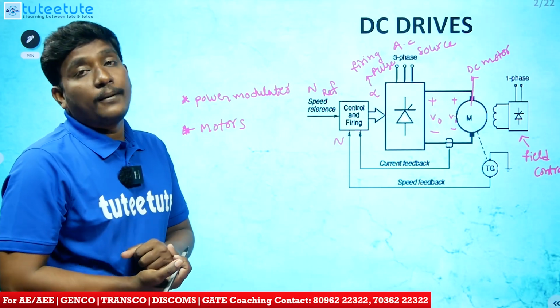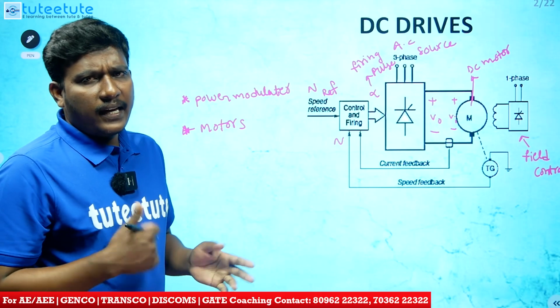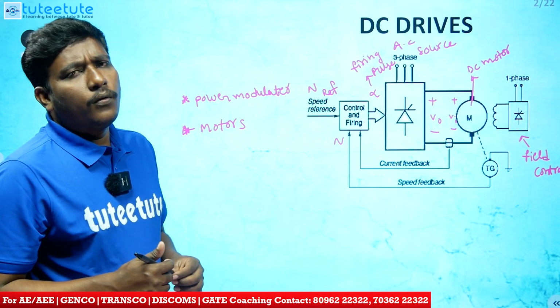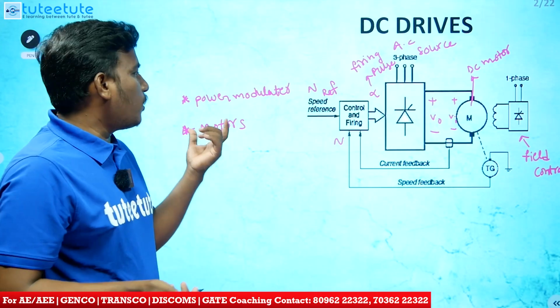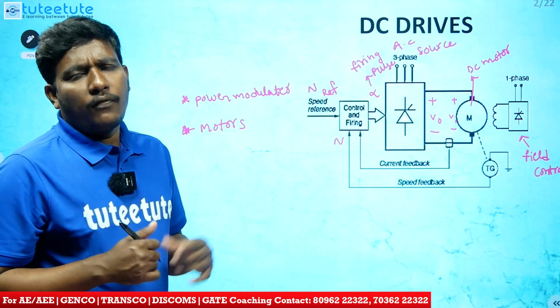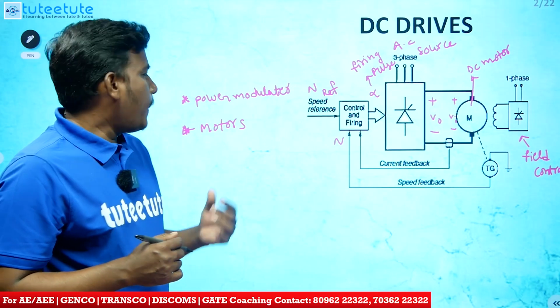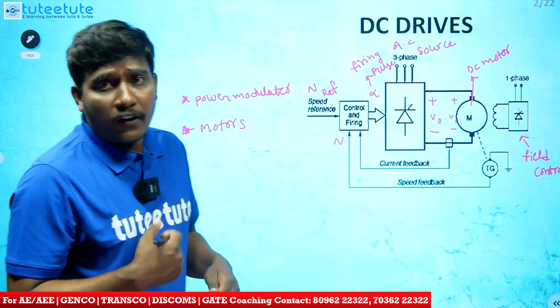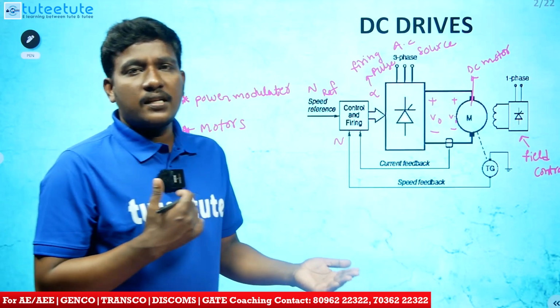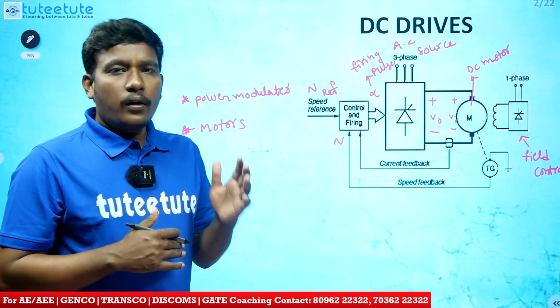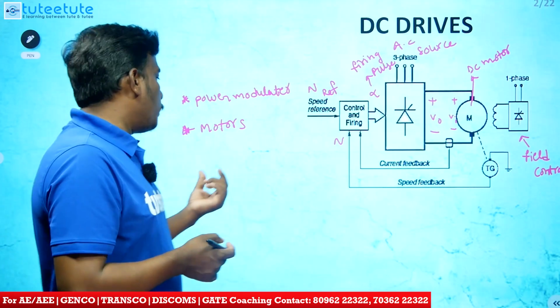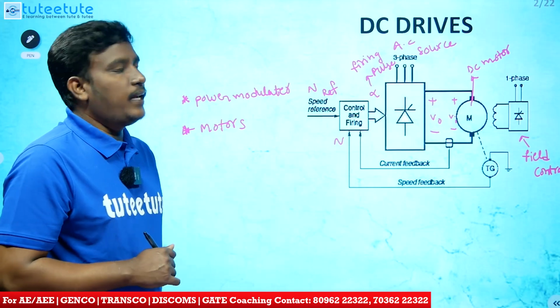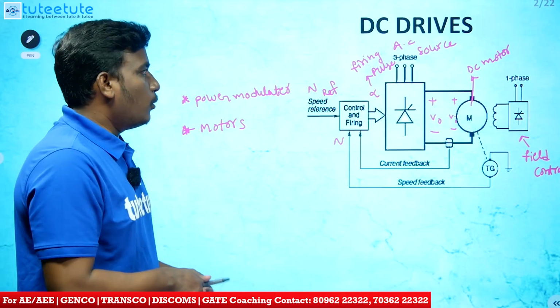Based on the given supply, either AC or DC, we select the power modulator suitable for our machine. Next, motors based on the load. We have already discussed different types of loads in a previous session. Based on the requirement of the load, we are going to choose the DC motor here.